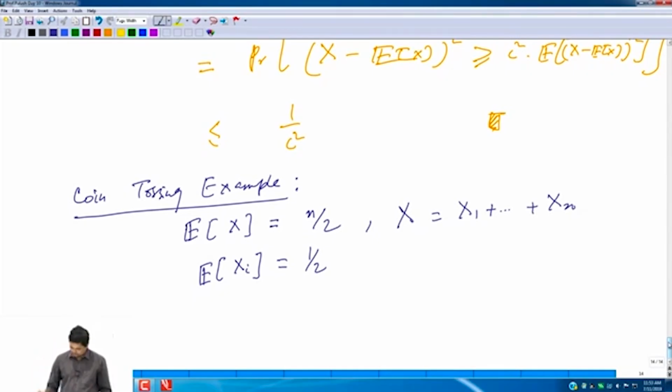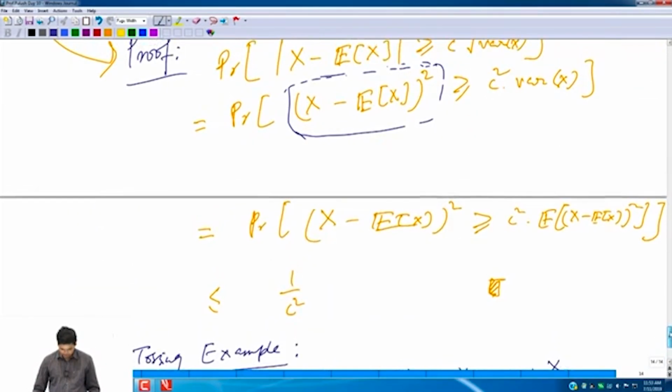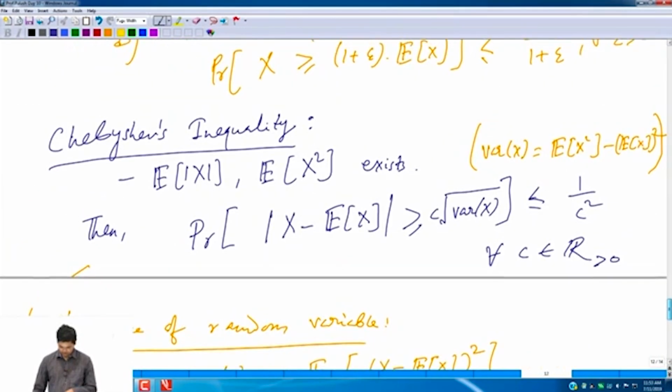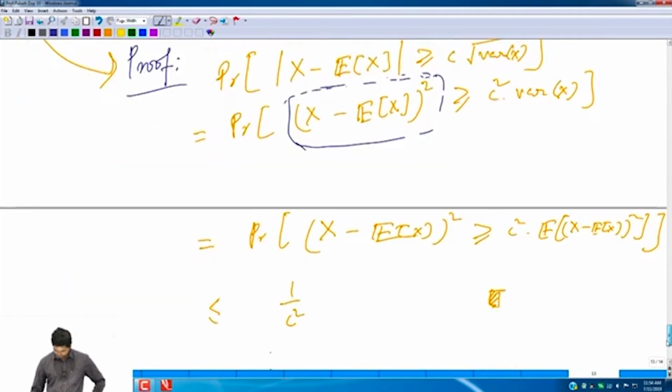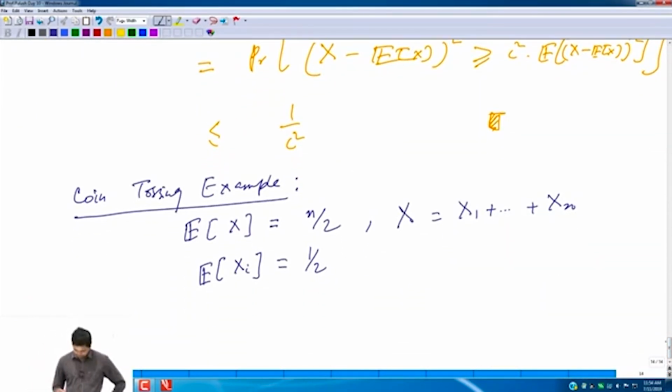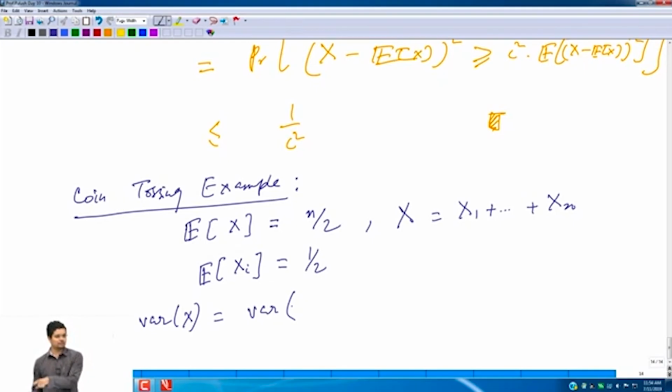Okay, and now to apply Chebyshev, where here the right side is we have variance, right? So we need to compute the variance of x. And yeah, so variance of x is, so x is nothing but x1 plus x2 up to xn, and now it would be excellent if we can push this variance inside.